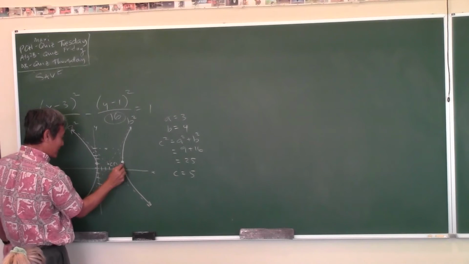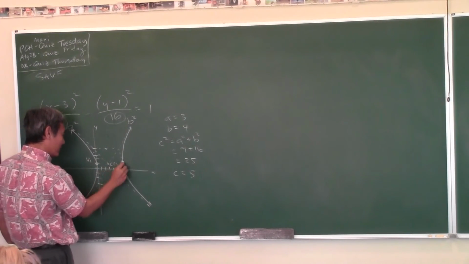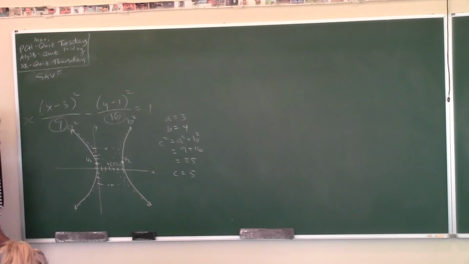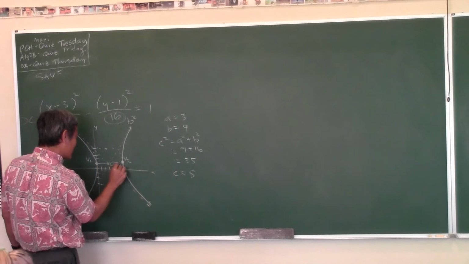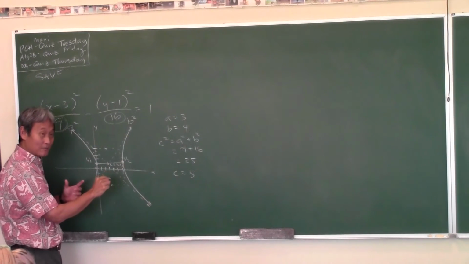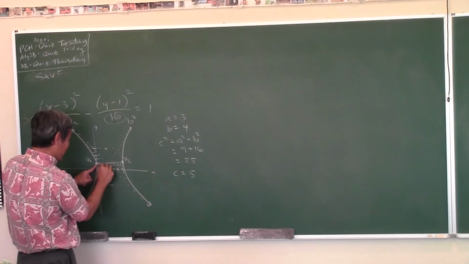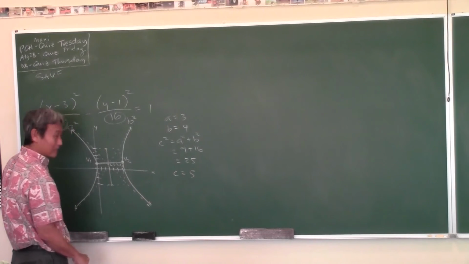These 2 points, just like the ellipse, are called the vertices. Okay, call them V1 and V2. So how do I compute these vertices? Now, if this were an ellipse, this is called the major axis, right? That connects the 2 vertices in an ellipse. But we cannot call this the major axis anymore because look, this one is smaller than that one.